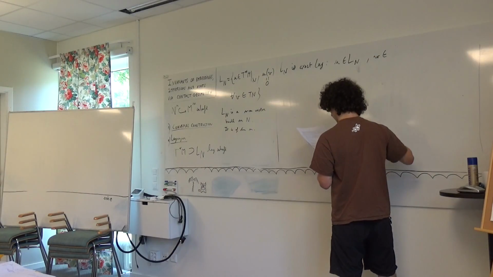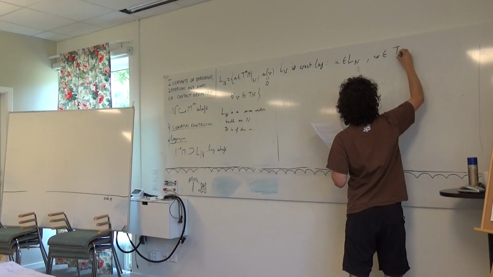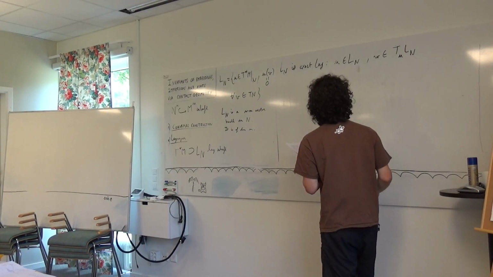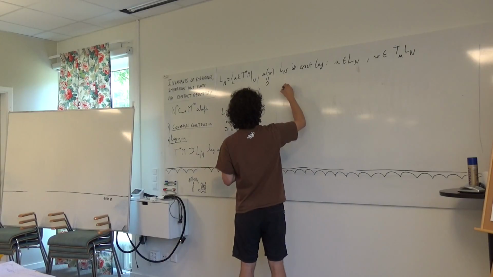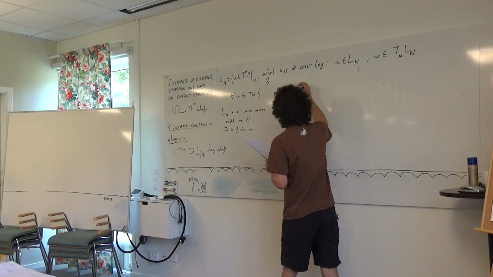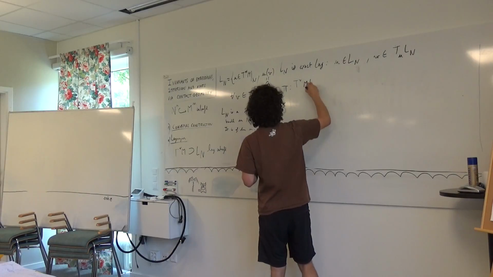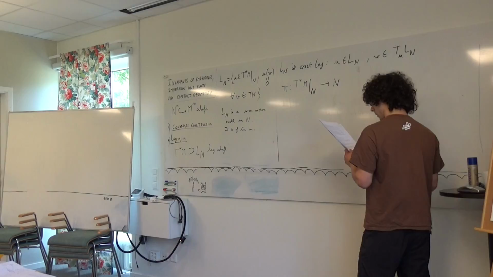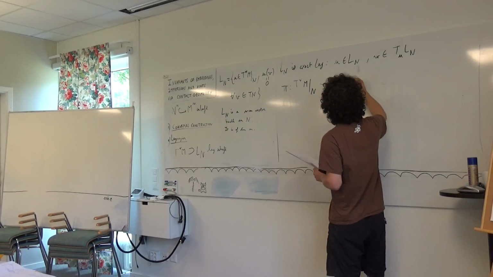So if we take a tangent vector to Ln, we can send it by the base projection restricted to n.